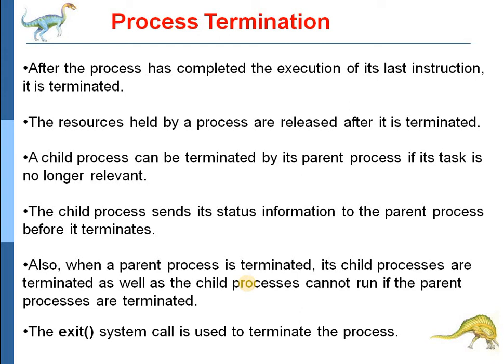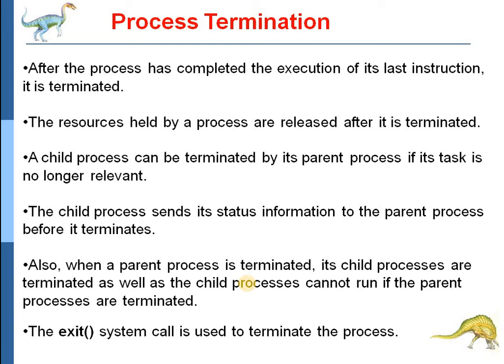In case of the Unix operating system, the processes are terminated by the exit system call. In this case, the parent process waits till the child process gets executed. If the parent process terminates, then the child process does not terminate. They are given a parent process, init, by the operating system.